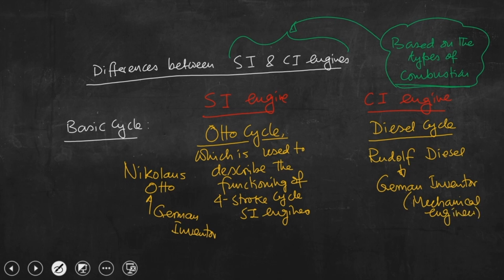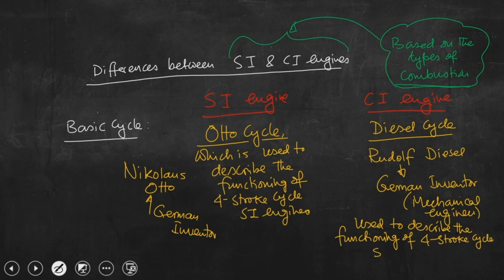Okay. So, the diesel cycle is used to describe the functioning of 4-stroke cycle CI engines.